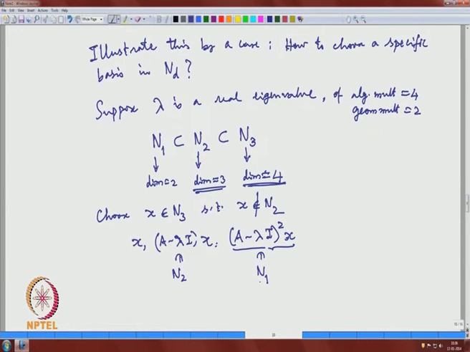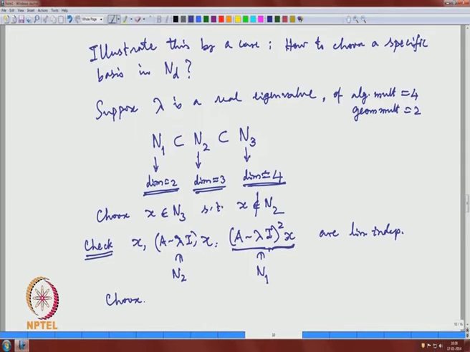Okay. And these are all non-zero. In fact, these are linearly independent. Check that they are linearly independent. Okay. And now, this is a non-zero vector in N1, but dimension of N1 is 2.